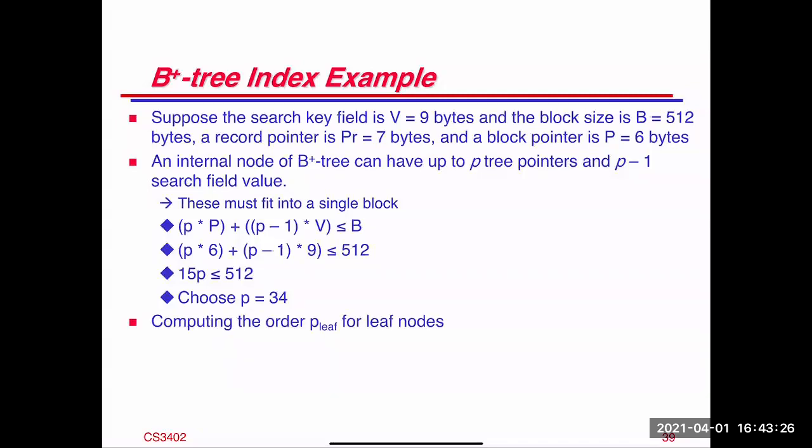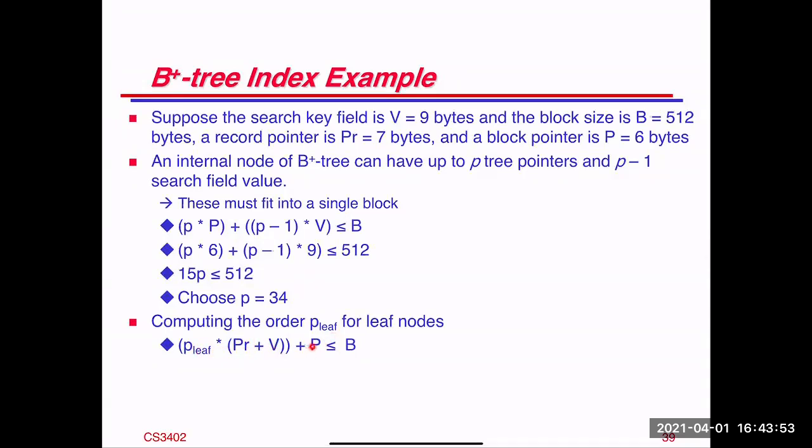And now let's compute the order of the leaf nodes. So I'm doing a similar calculation here. Whatever P leaf needs to be, I know that I will have one data record entry, one data pointer and one search key value associated with it. So I will have at most P leaf many of them in my leaf node.